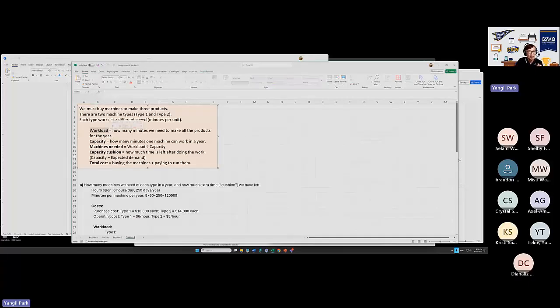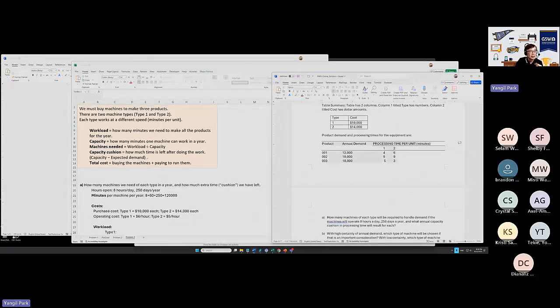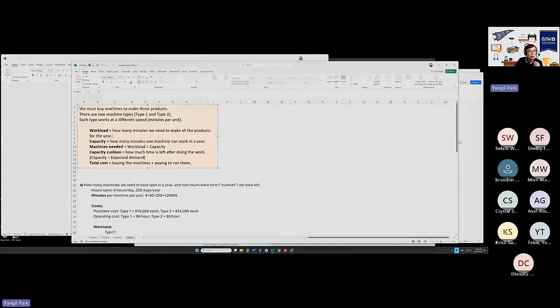Workload is how many minutes we need to make all the products for the year, which is given right here. Then capacity is how many minutes a machine can work in a year, depending on machine type 1 or 2. And how many machines we're going to need just uses those two: workload and capacity. If you take workload divided by capacity, then you know how many machines you're going to need.